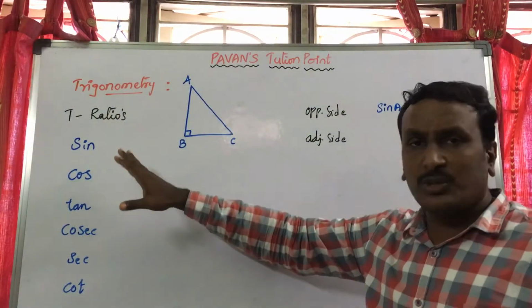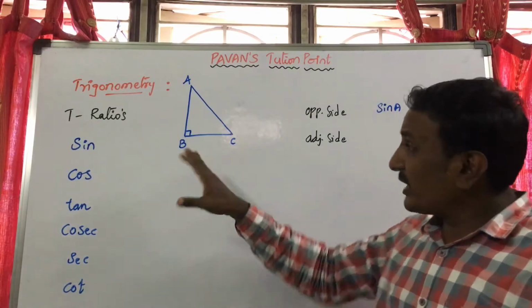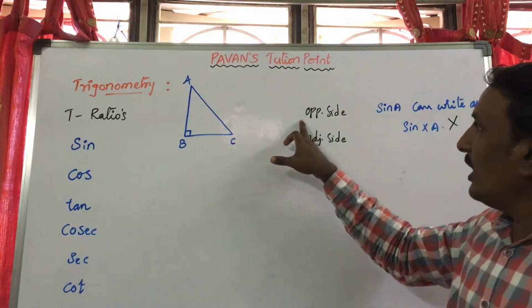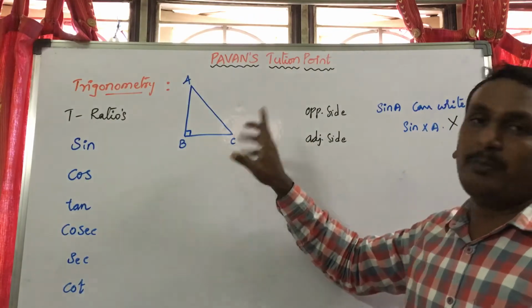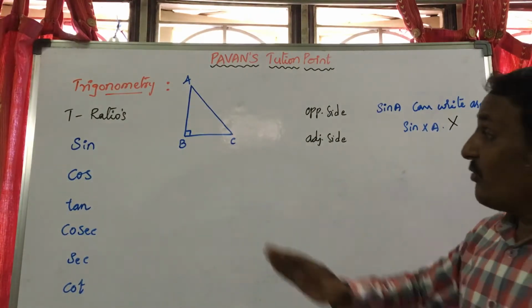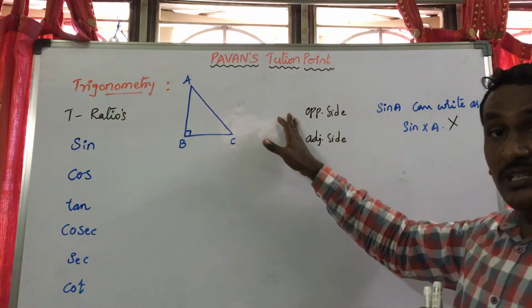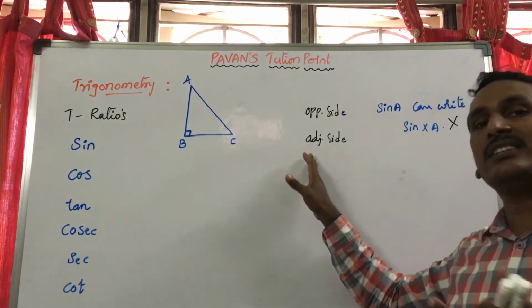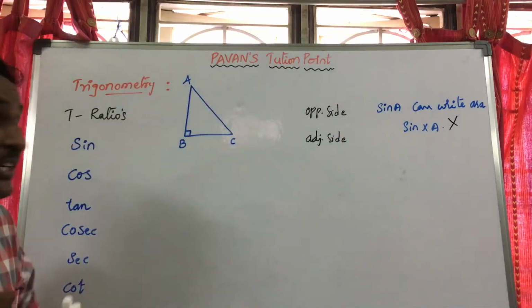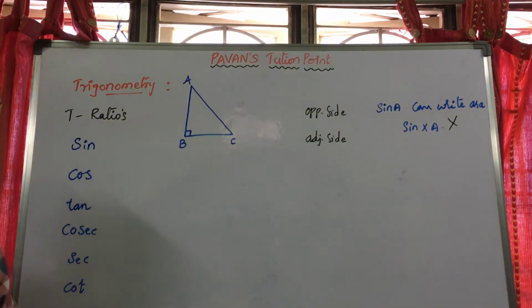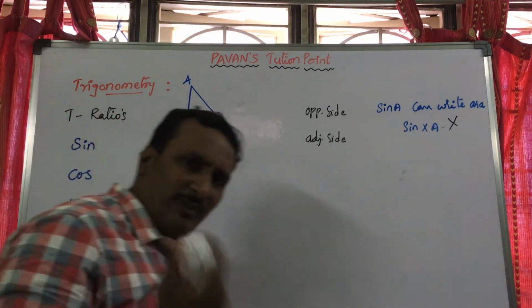According to the ratio we have so many formulas, and for those formulas we need to know the opposite side and adjacent side for that particular angle. So for angle C, what is the opposite side, and for angle C, what is the adjacent side? If you know how to identify the opposite side and adjacent side, you can write the trigonometric ratio very easily.